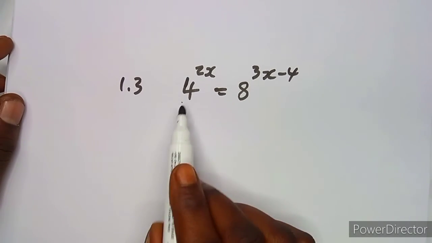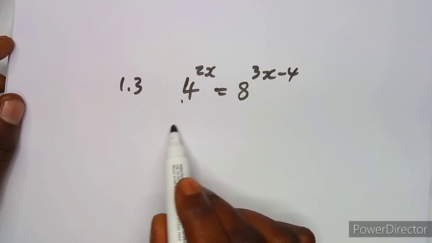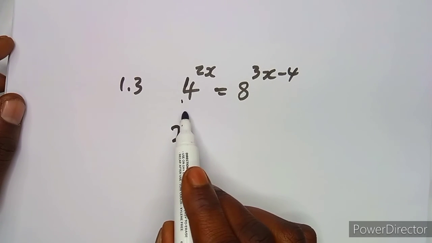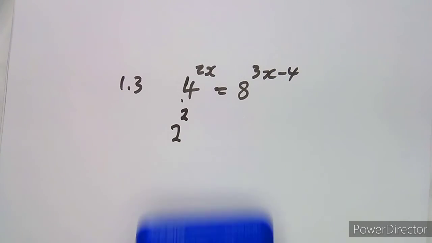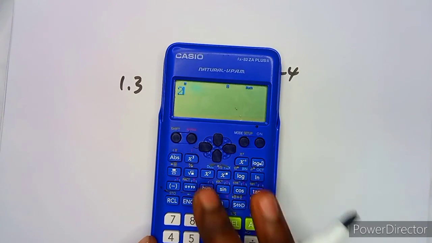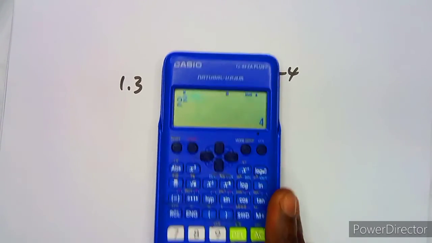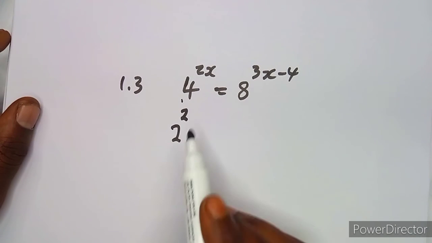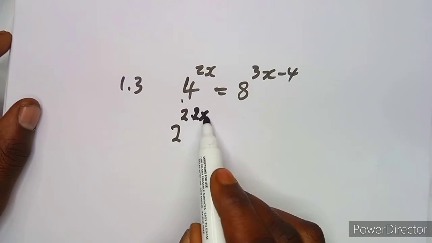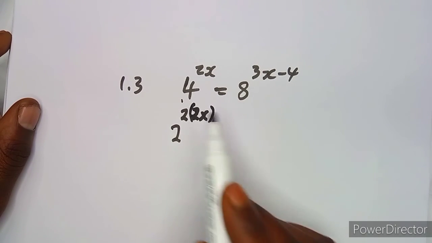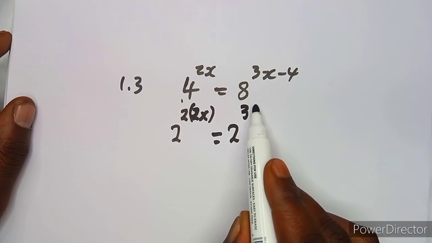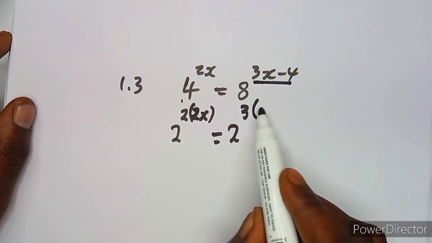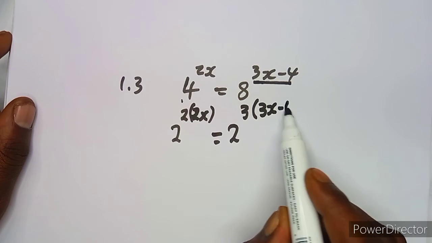So 4 and 8, we can write this in terms of 2. So 4 is 2 to the exponent of what? 2 to the exponent of 2, that is 4. But there is already an exponent which is there, 2x, so it's going to multiply like this. 8 is 2 to the exponent of 3, but there's an exponent which was already there, which is 3x minus 4.